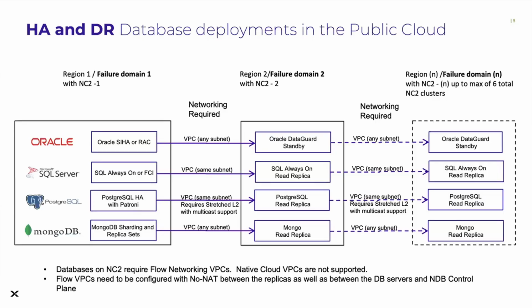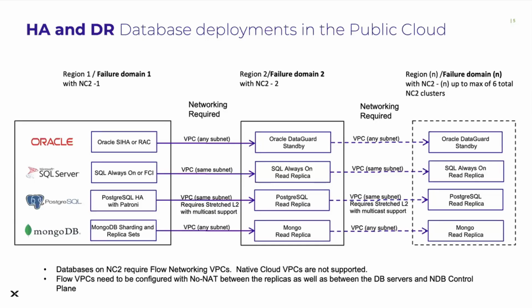I would just call out that when doing these types of deployments in the cloud, it's important to recognize that we need to work with the Nutanix networking stack, which is called Flow, and Nutanix provides a full virtual networking stack with all the microsegmentation, east-west firewalling, all that type of jazz.